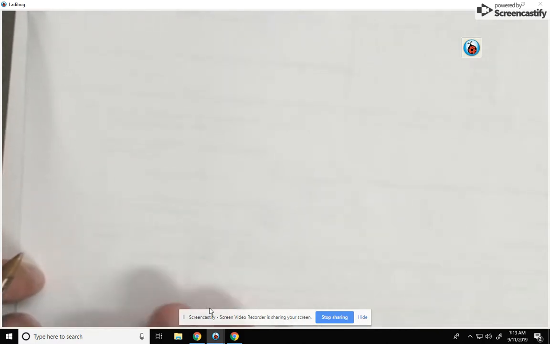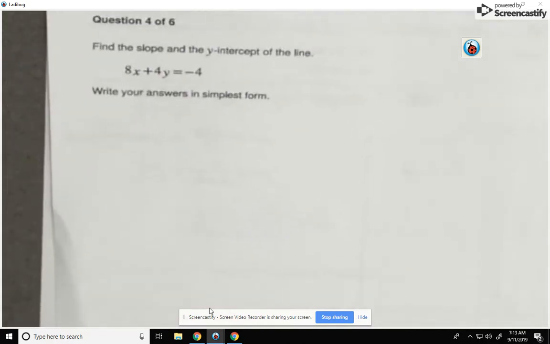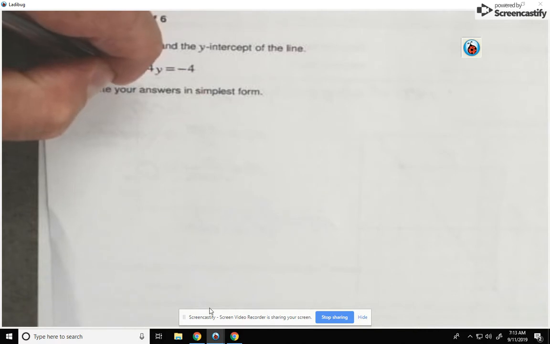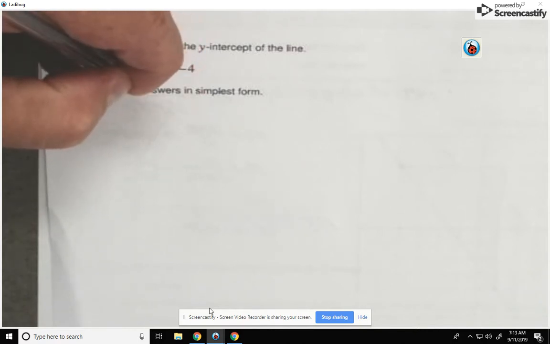Question 4 says find the slope and the y-intercept of the line. Write your answer in simplest form. Okay, so again, the easiest way to do this is to rearrange it. So I subtract the 8x over.